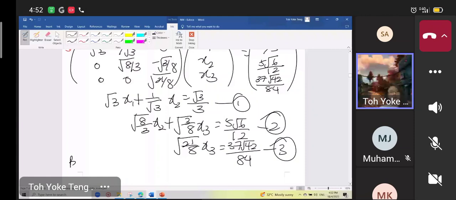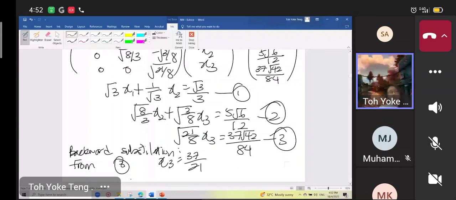From here, we apply the backward substitution. Either write this one also doesn't matter. I just want to show you that I get it from the last equations only. So from the last one, after rearranging it, you will get x3 equals to 37 over 21.